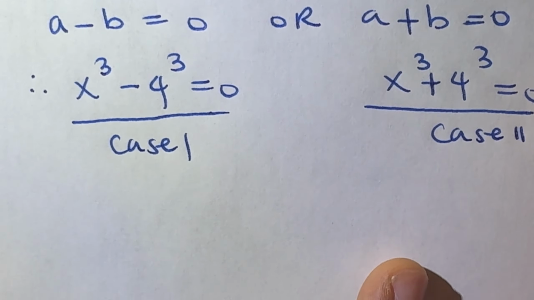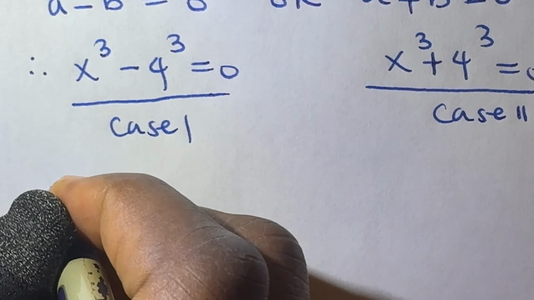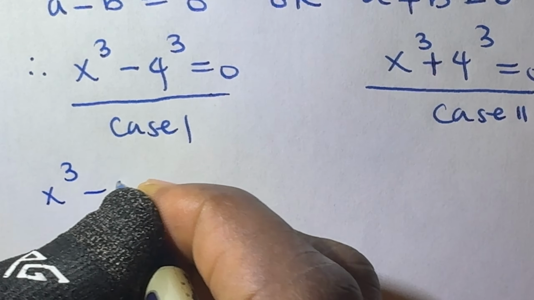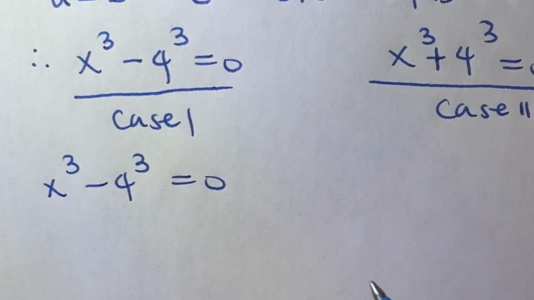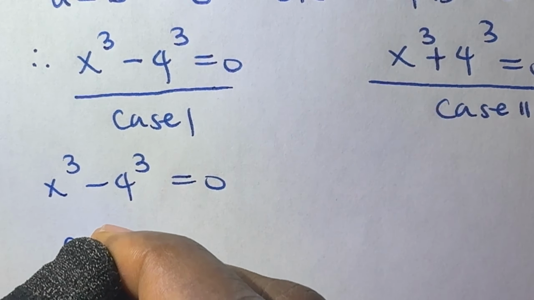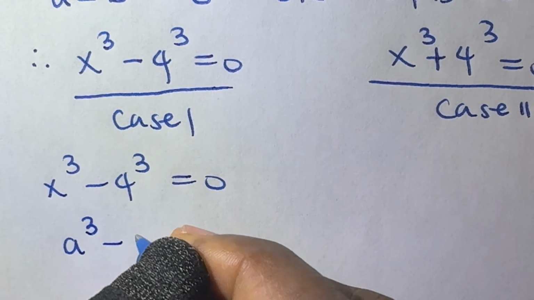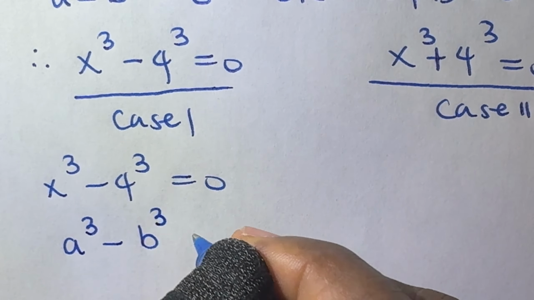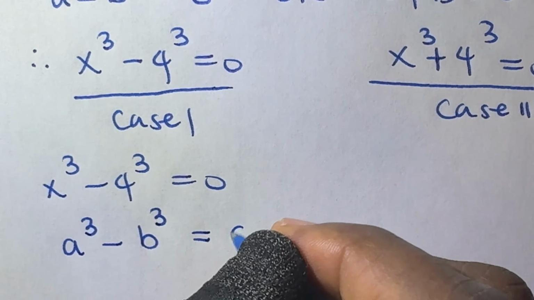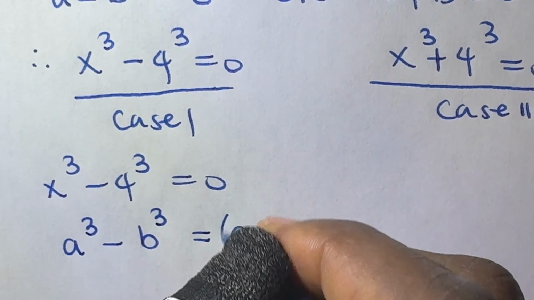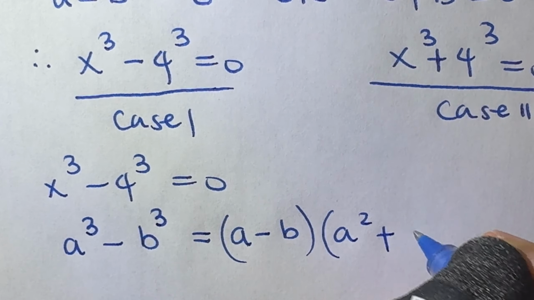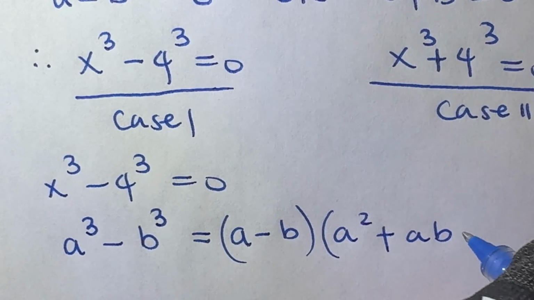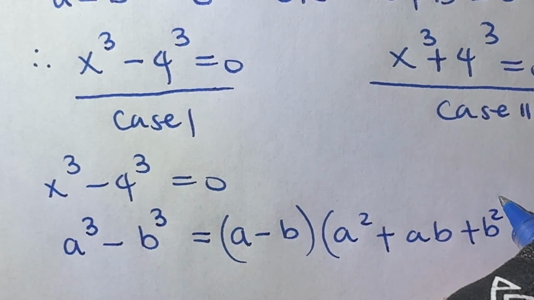So starting with case 1, x raised to power 3 minus 4 raised to power 3 is equal to 0. By identity, given a raised to power 3 minus b raised to power 3, you factorize this as a minus b times a squared plus ab plus b squared.